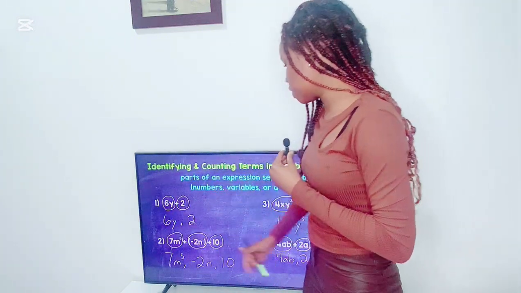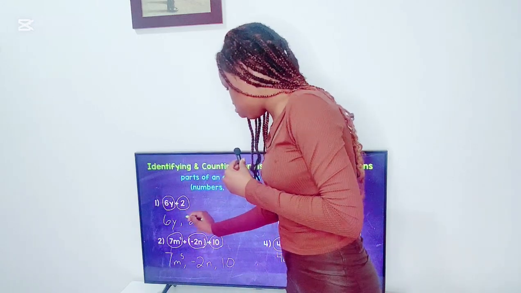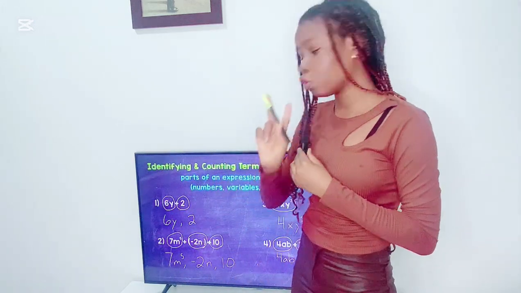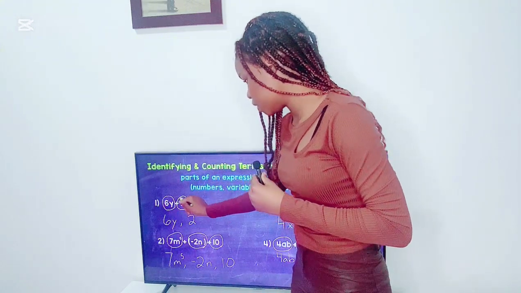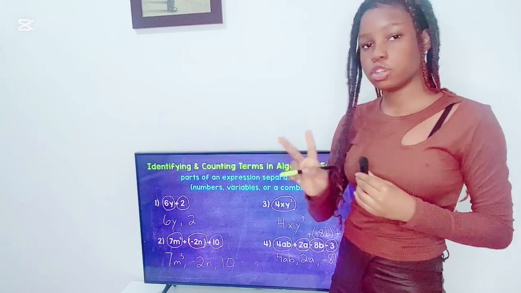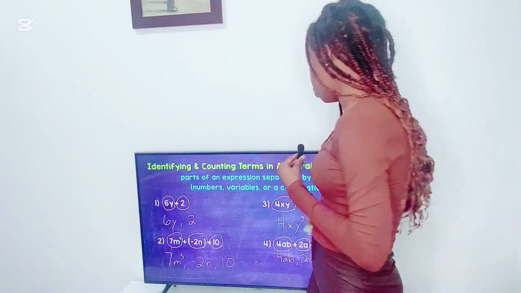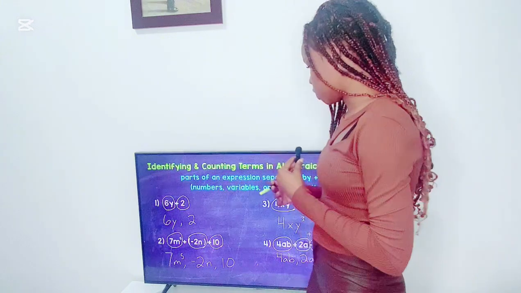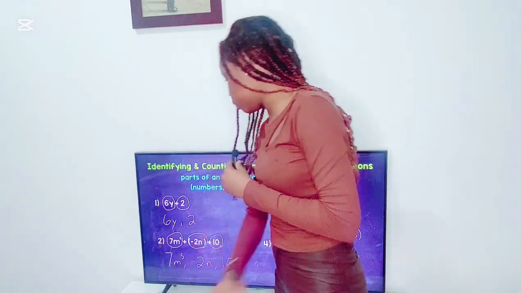So what you could say is 6y and 2, making it two terms, because 6y is separated from 2. That's basically what they mean by identifying and counting terms in algebraic expressions. So now we can move on to number 2.